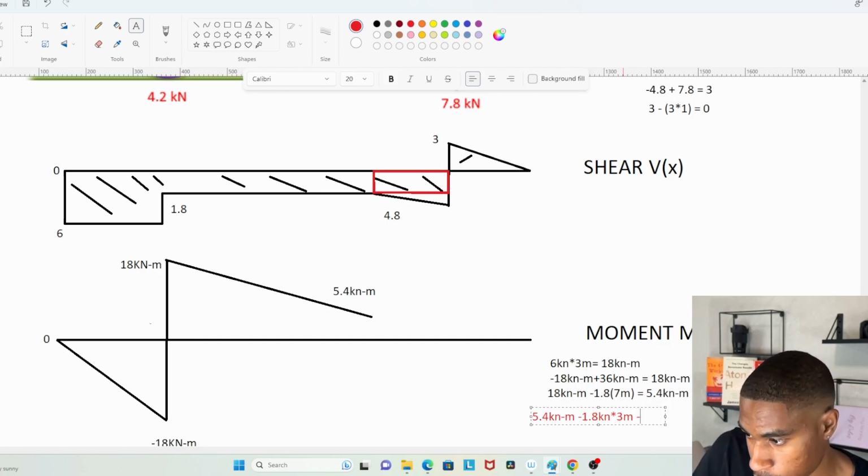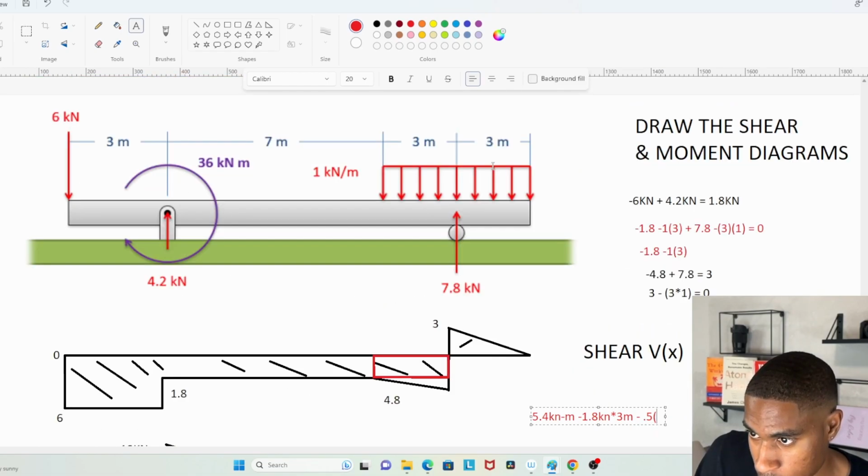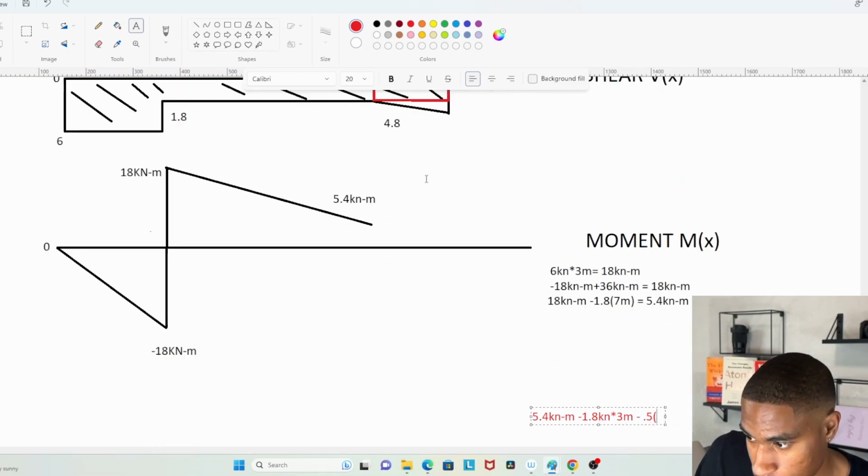And then we're going to subtract again for our triangle. Well, what's the area of a triangle? It's 1/2 times base times height, right? So 1/2 is just 0.5 times the base. The base we know is our distance, which again is 3 meters.